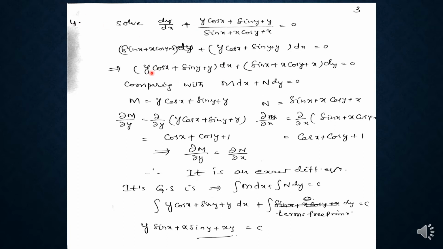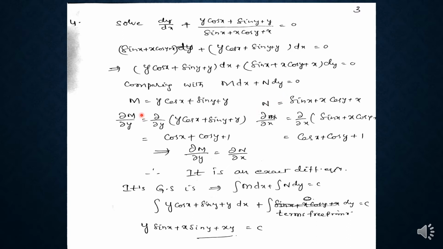Now we can compare with the exact differential equation M dx plus N dy is equal to 0. So comparing, M is equal to y cos x plus sin y plus y, and N is equal to sin x plus x cos y plus x.